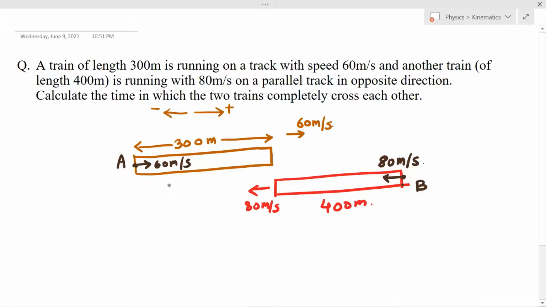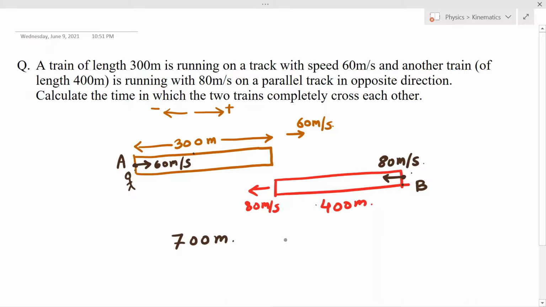Now consider this. Assume that I make A at rest, that is, I am in the frame of reference of point A. Then point B will appear to approach with a certain velocity, and point B has to cover 300 plus 400 meter distance in order to reach point A. That is, it has to cover 700 meter distance.